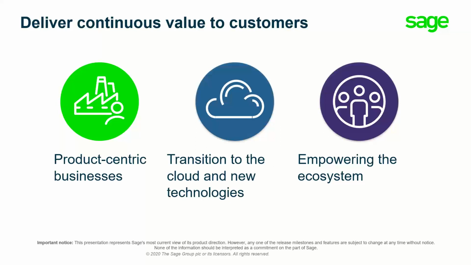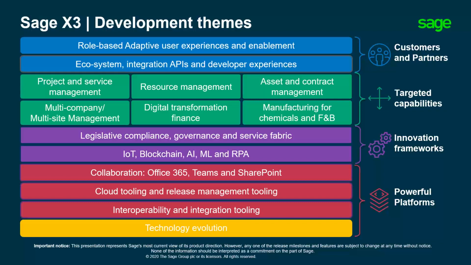Especially, we are now living the pandemic, and then we are going to live a new normal. So it is all about providing solutions to accompany our customers. Especially also for the transition to the cloud technology, and to empower our Sage ecosystem so that our partners can deliver end-to-end processes that differentiate and innovate.